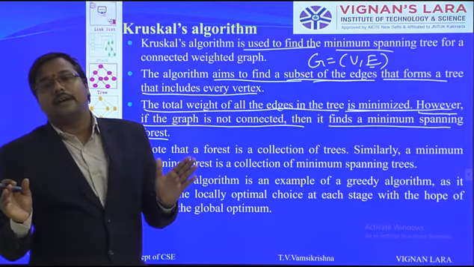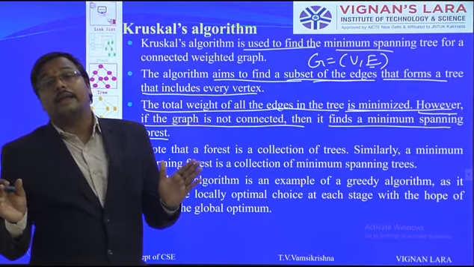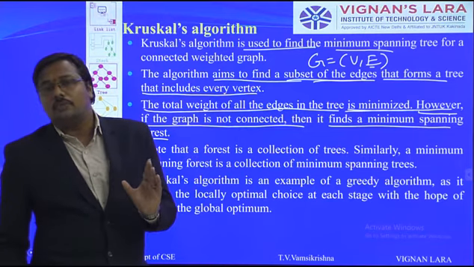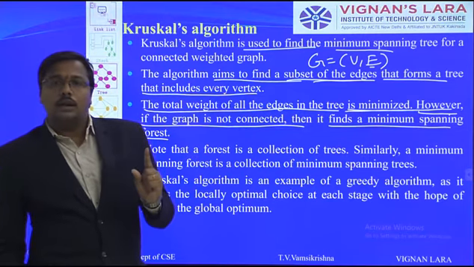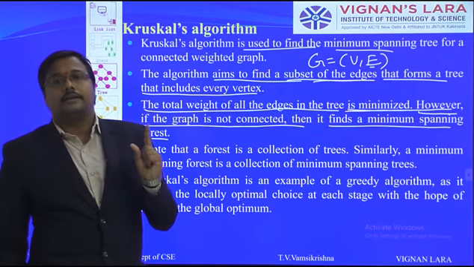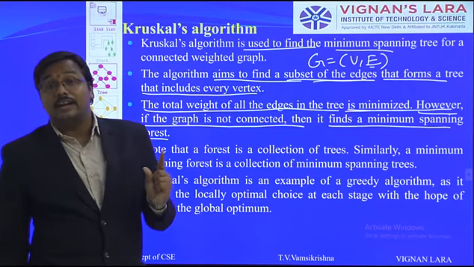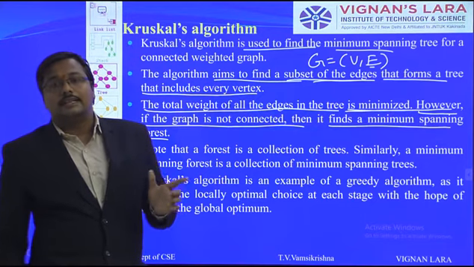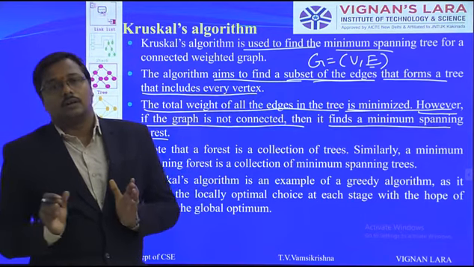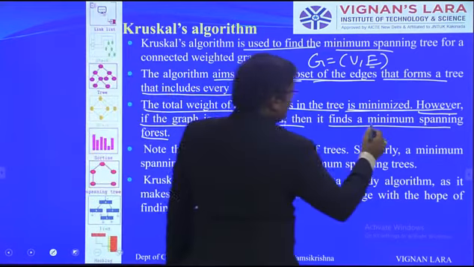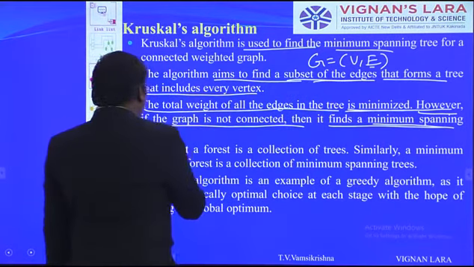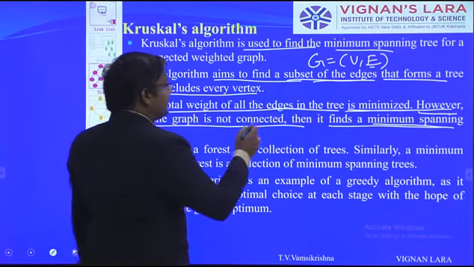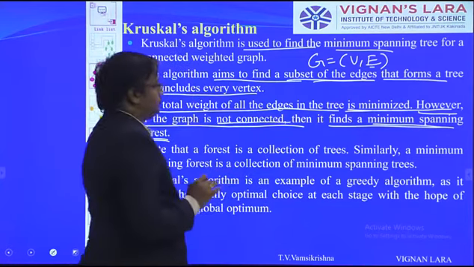In that case we find a minimal spanning forest, meaning for each and every component we find one spanning tree. A set of trees is nothing but a forest. That's why we say minimum spanning forest when it is not a connected graph.